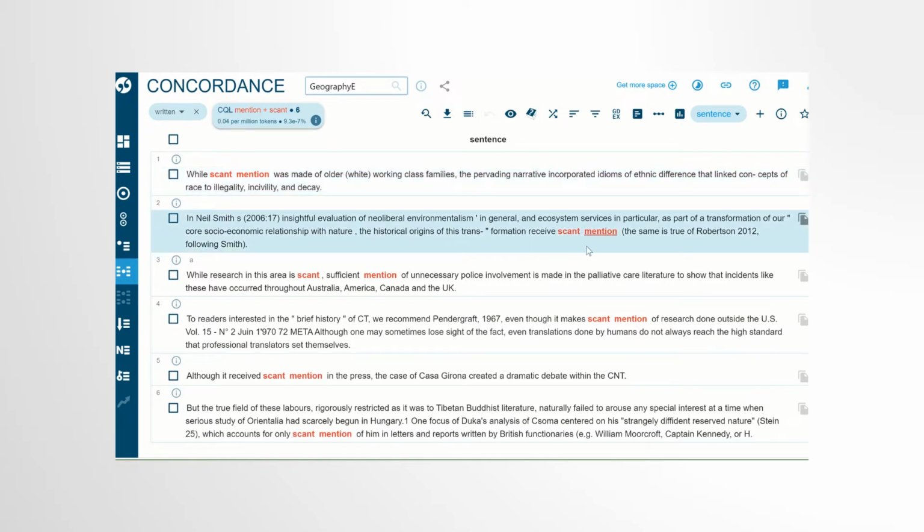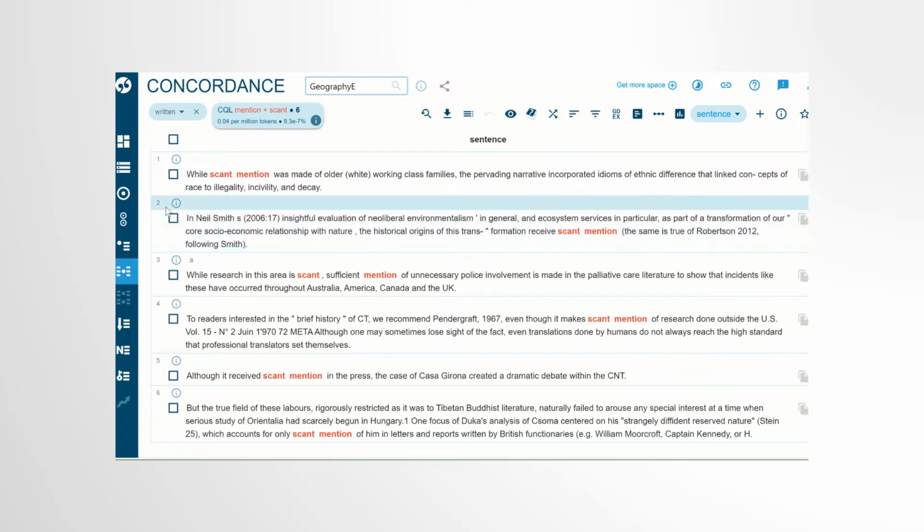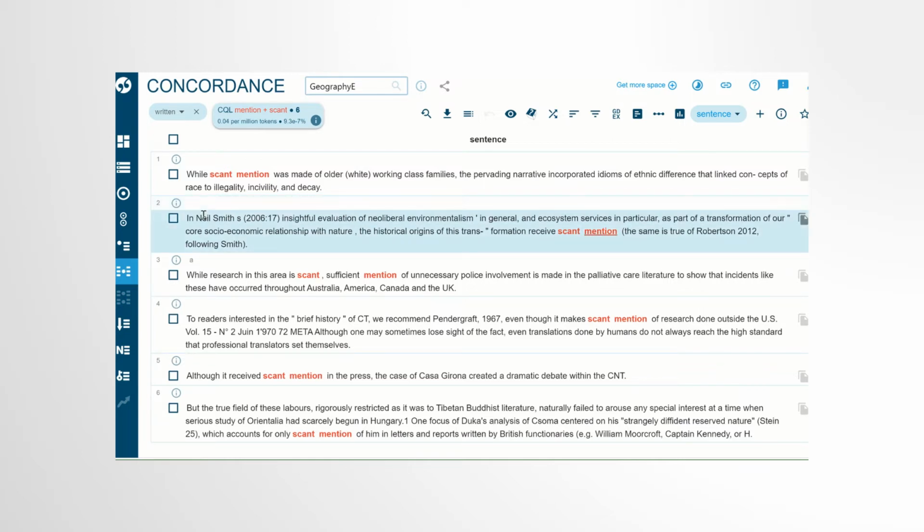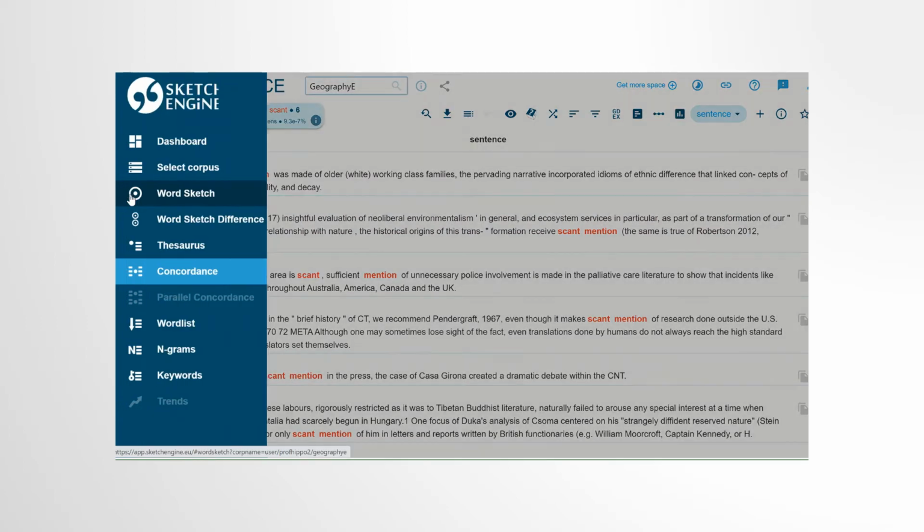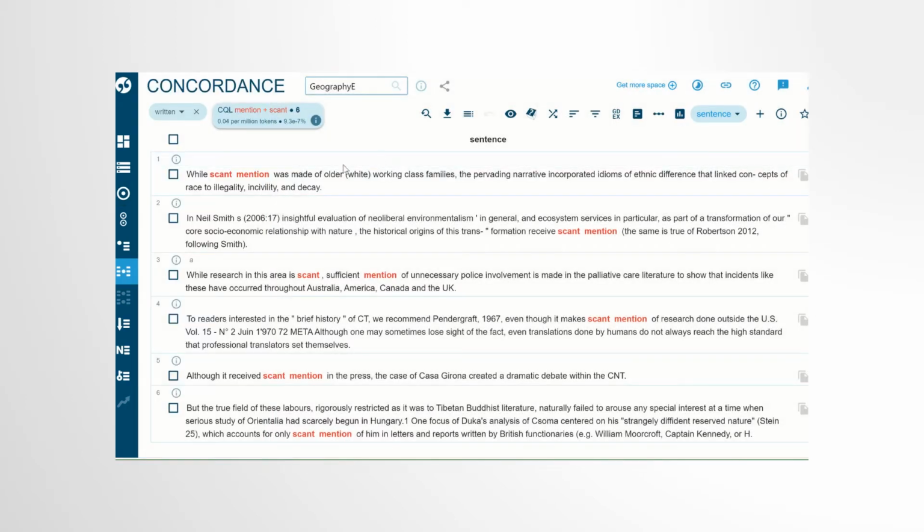Something received scanned mention, and so on. So this is not relevant to our investigation, because we're looking for uses of mention as a discourse marker that serves the function of adding something to the current discourse.